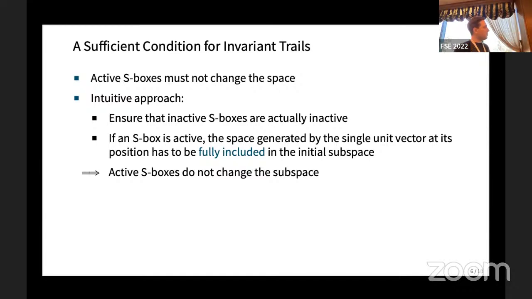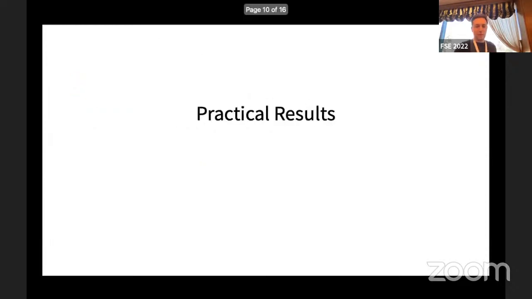What this means, maybe more intuitively, is that if the Sbox is applied, so it's active, the output difference can be anything, but it doesn't really change the subspace because any difference is included in the initial subspace. And if those two conditions hold, then the active Sboxes do not change the initial subspace.